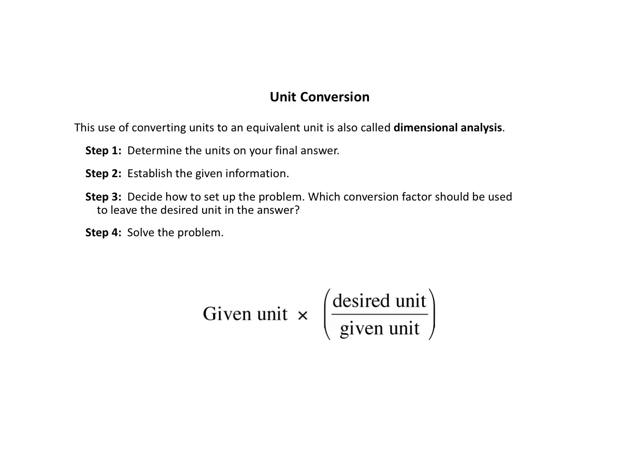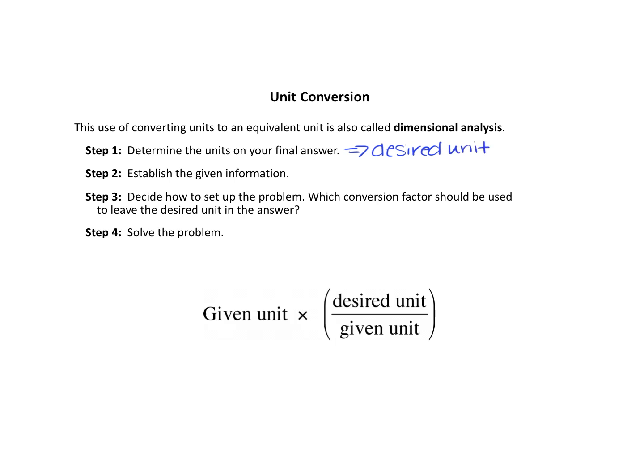So when we are doing a conversion and using dimensional analysis, there are 4 steps that you can use to solve these problems. You can determine the units. So what I would first do is determine the units on your final answer. What are you looking for? This is what we call your desired unit.